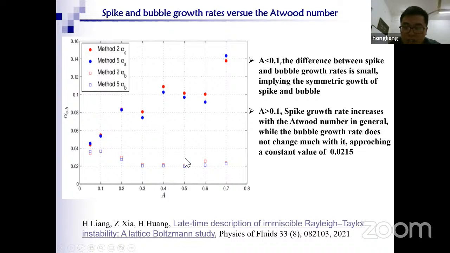And for larger Atwood numbers, the spike growth rate is larger than the bubble growth rate. Also, the spike growth rate increases with Atwood numbers, while the bubble growth rate does not change much with the Atwood numbers, approaching a constant value of 0.02. Next.